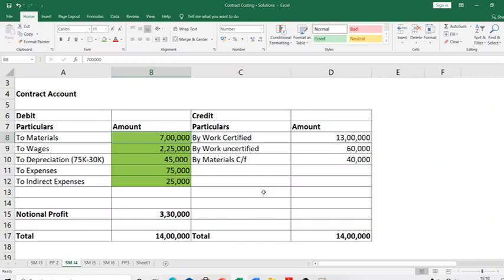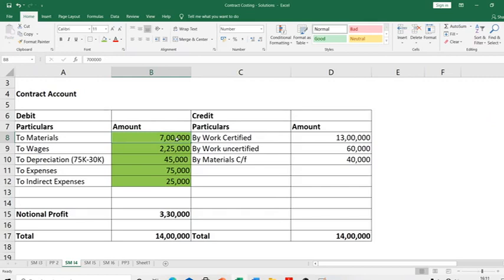That means they were not used. If they are not used this year, maybe they'll be used next year. Something that's going to be used next year, why are you debiting that cost this year itself? So 7 lakhs has an item which is not used this year. One way of doing it is, as soon as you read the item, change this from 7 lakhs and make it 6 lakhs 60,000.